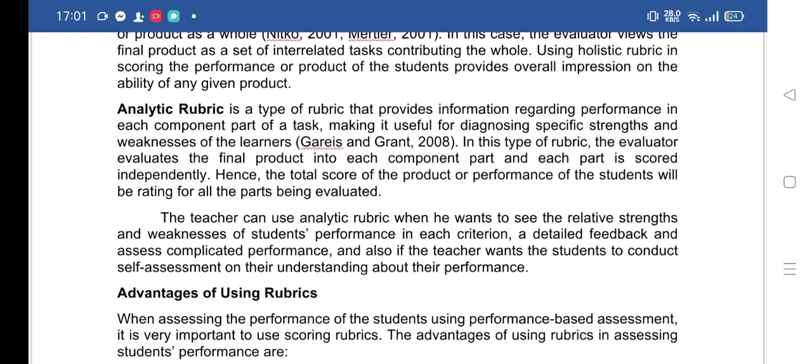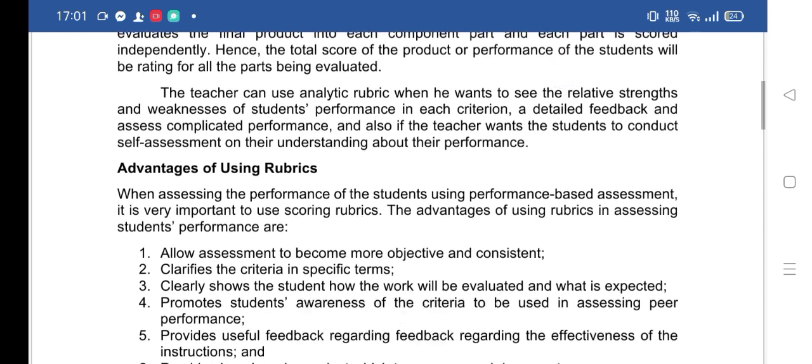Hence, the total score of the product or performance of the students will be the rating for all the parts being evaluated. The teacher can use analytic rubrics when he wants to see the relative strengths and weaknesses of the student's performance in each criterion, give detailed feedback, and assess complicated performance. Also, when the teacher wants students to conduct self-assessment on their understanding of their performance.